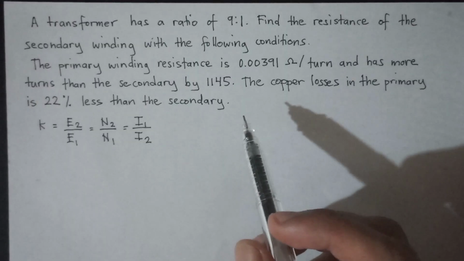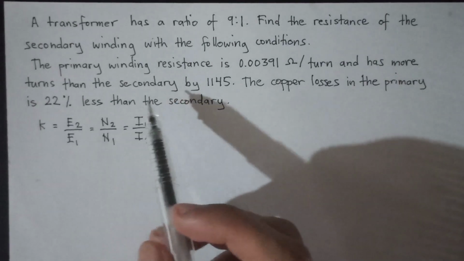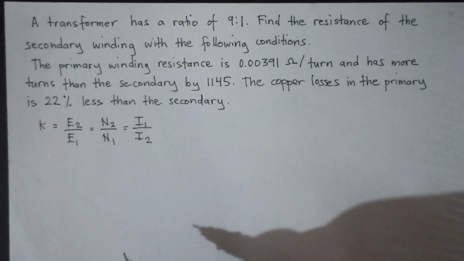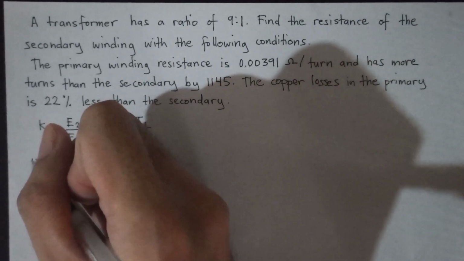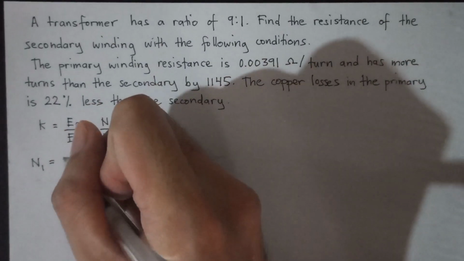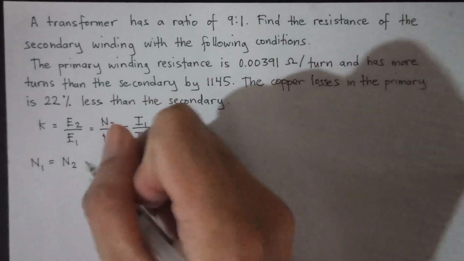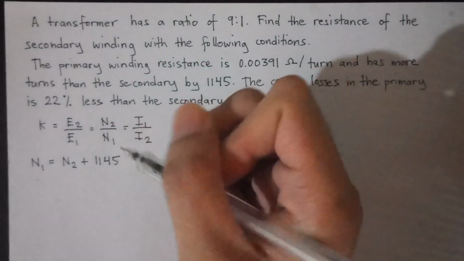The condition says that the primary winding has more turns than the secondary by 1145. Writing that as an equation, n sub 1 is equal to n sub 2 plus 1145.